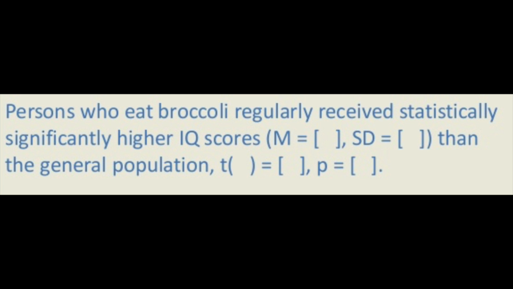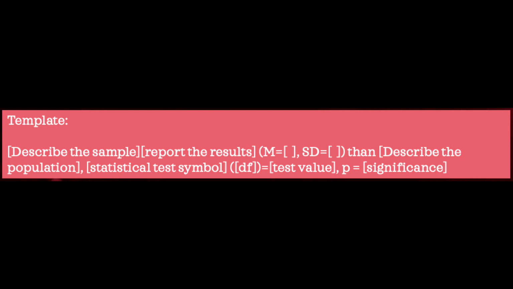But anyways, it reads, persons who eat broccoli regularly receive statistically significantly higher scores, and then you put the mean, standard deviation, then the general population, and then you write the test statistic that you're going to do, which is a t, and then you put the degrees of freedom in that first parentheses, equals, and then the actual test statistic value itself, and then p equals and your significance level.